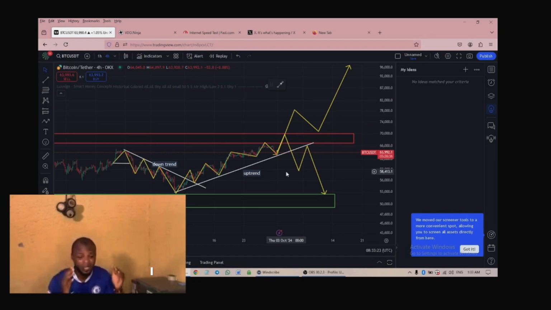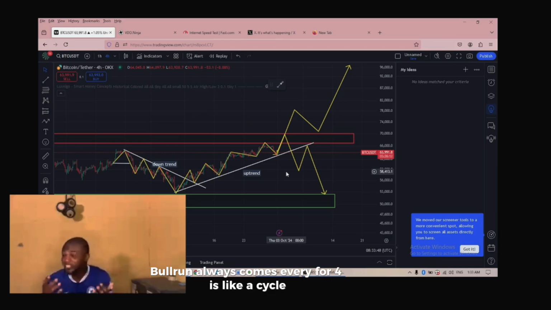In my next video, I'm going to explain to you how to create a beautiful portfolio for this next bull run. For those of you that do not even know what bull run means, a bull run always comes every four years, it's like a 4 year cycle.